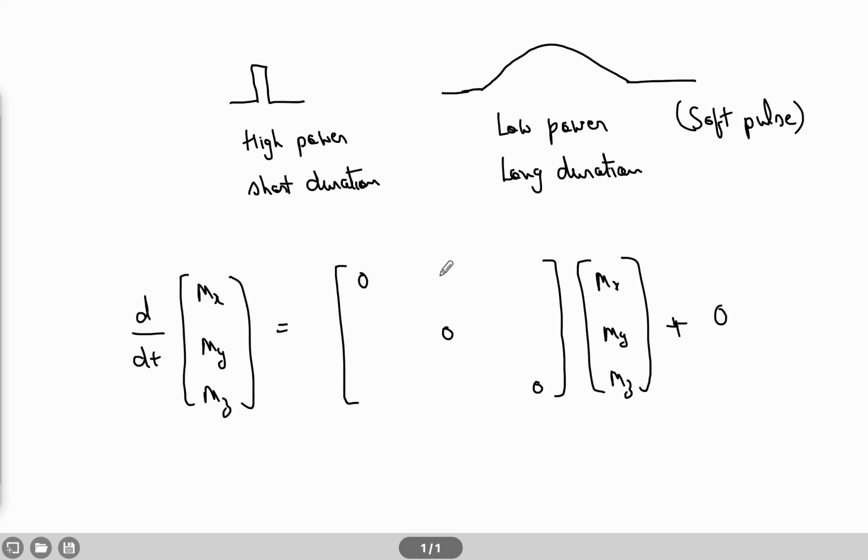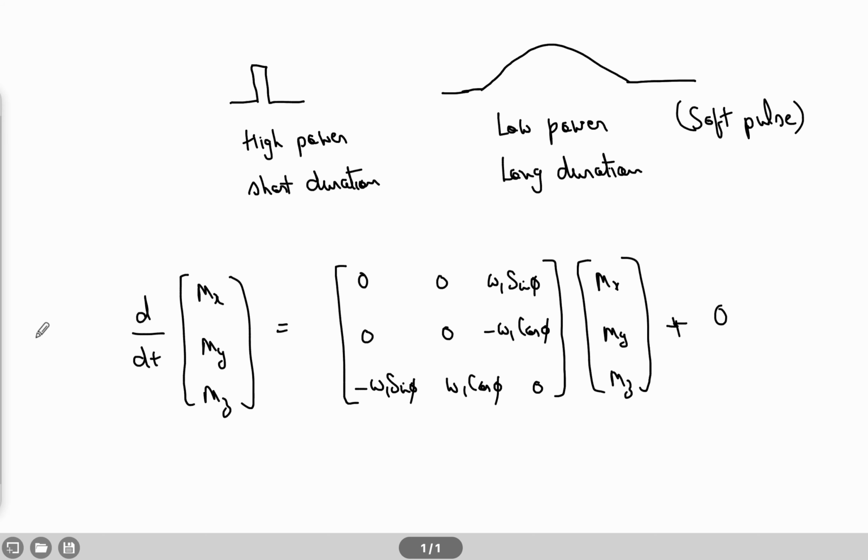Now let us assume, to make it simple, that the offset is also 0, so I'm going to put 0 over here, and here what you are left with is sine phi, minus omega 1 cos phi, minus omega 1 sine phi and omega 1 cos phi.